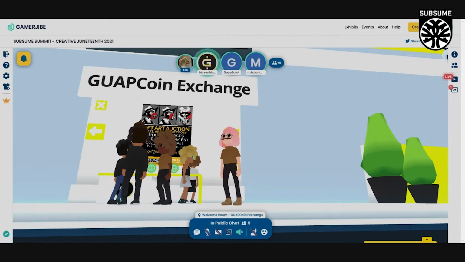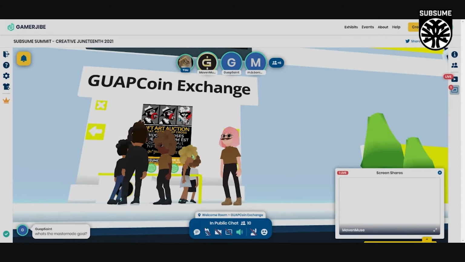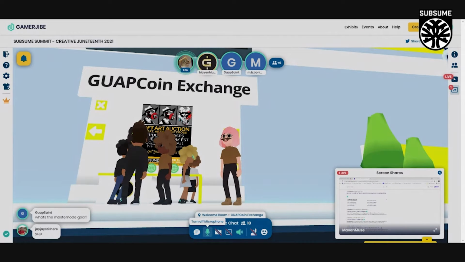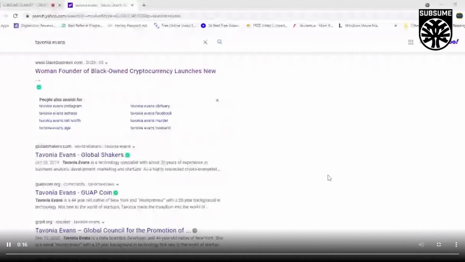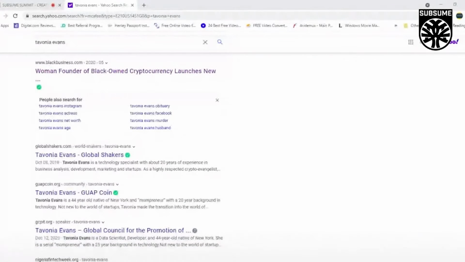I'm going to share that. Can you guys see that? Okay, great. So that's Tavana Evans. Like I said, she is not just the founder of GuapCoin, she's also the founder of New, a social media platform. She's created several of the third party apps here at Guap.